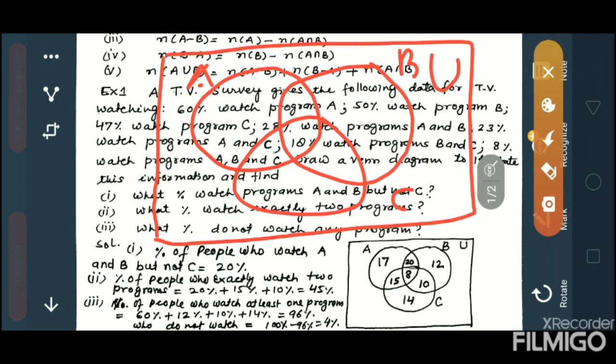If not given, then write x. If given, then write the exact number. Here 8% people watch all, so it will be 8%.